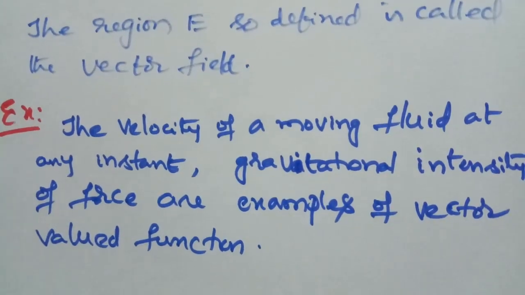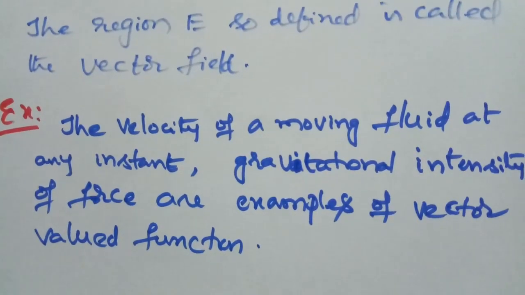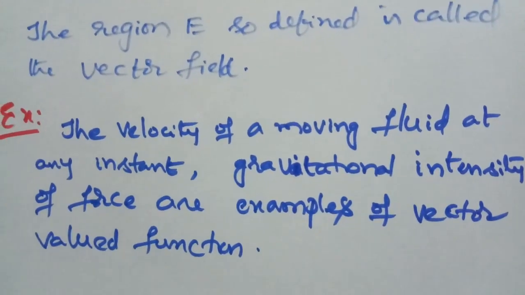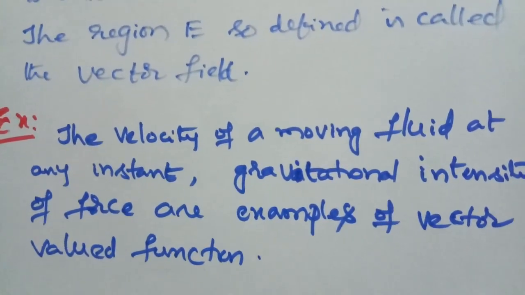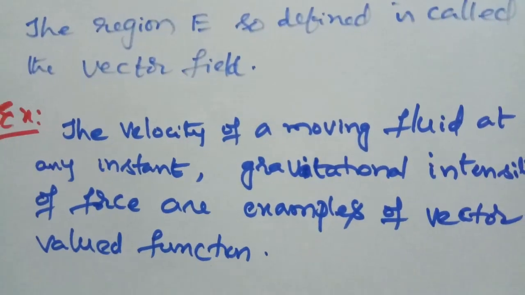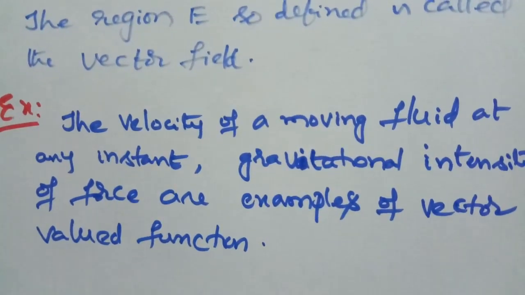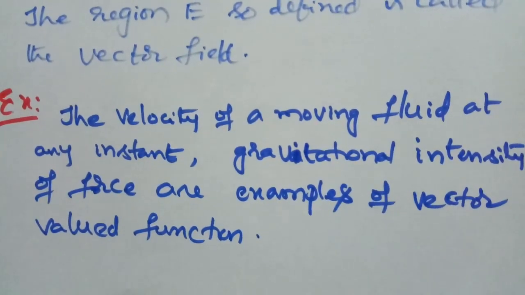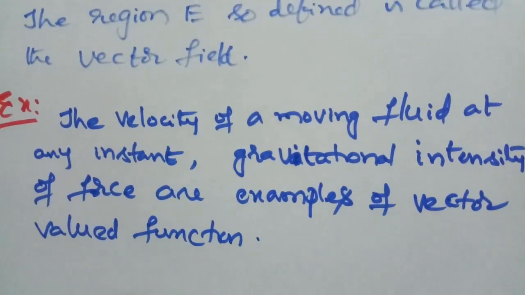Direction means we can define the vector by using the unit vectors i bar along the x-axis, j bar along the y-axis, and k bar along the z-axis, the space coordinates. By using i bar, j bar, k bar, we represent the vector. Therefore, vector valued functions.